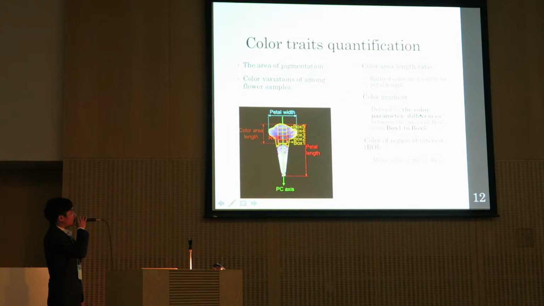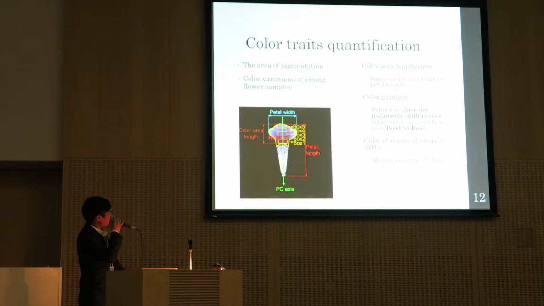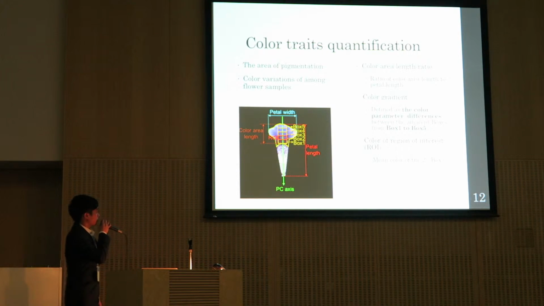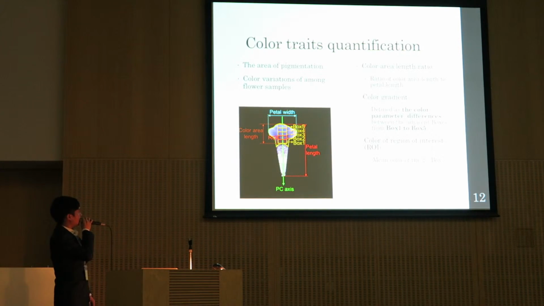The color area length ratio was the ratio of color area length to petal length. And color gradient was defined as the color parameter difference between the adjacent bins from bin 1 to bin 5. And the color region of interest was the mean color of bin 2.